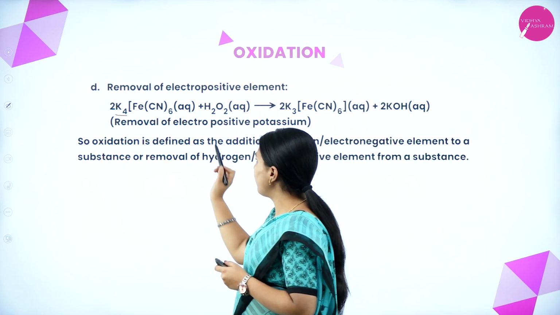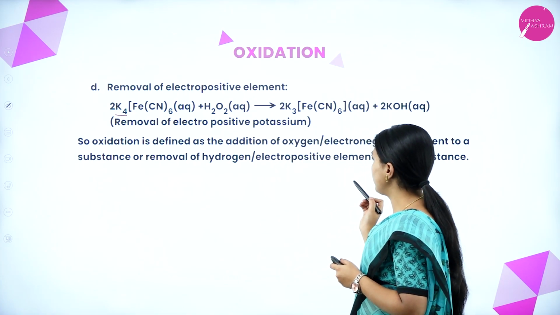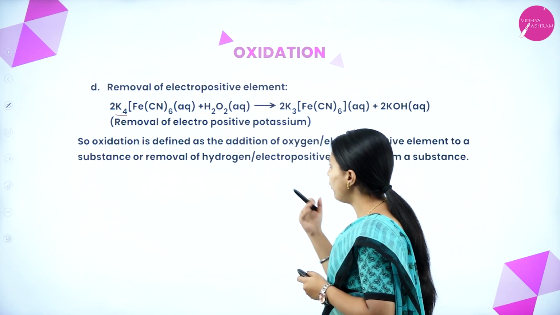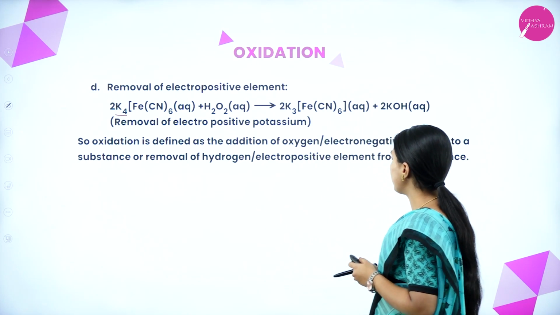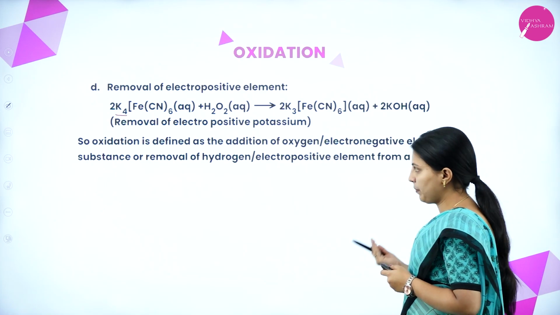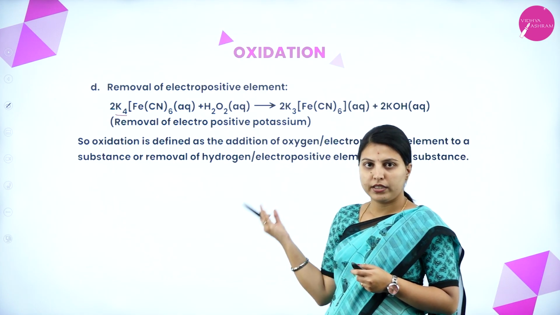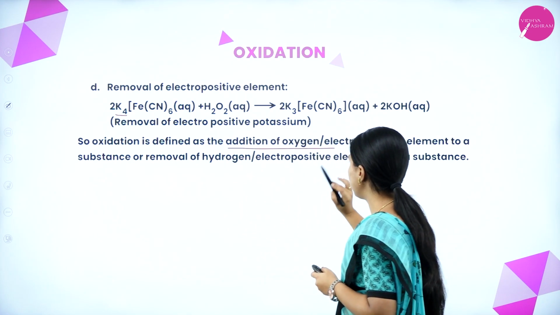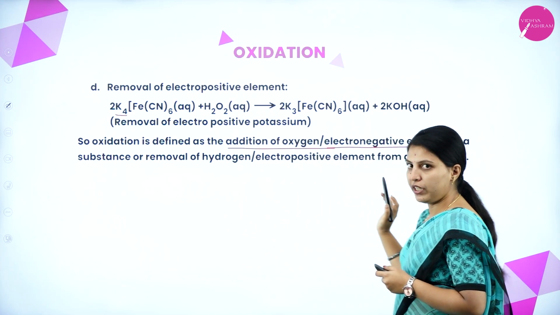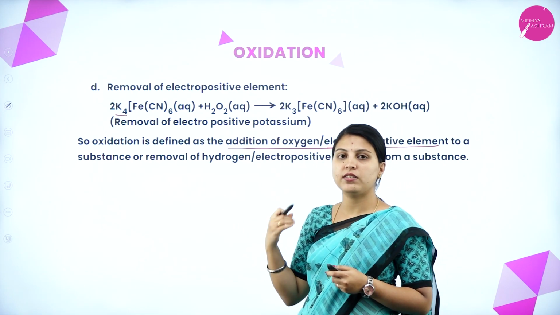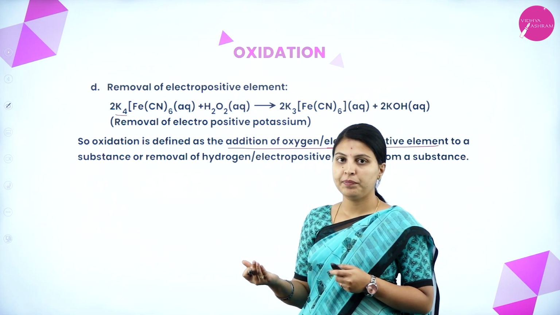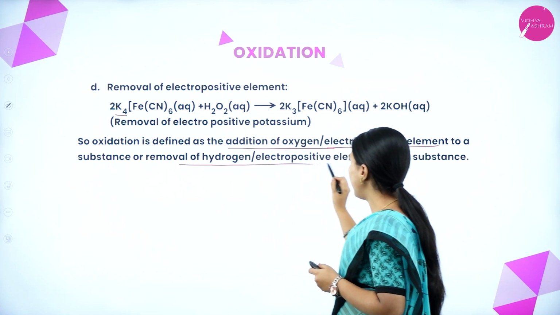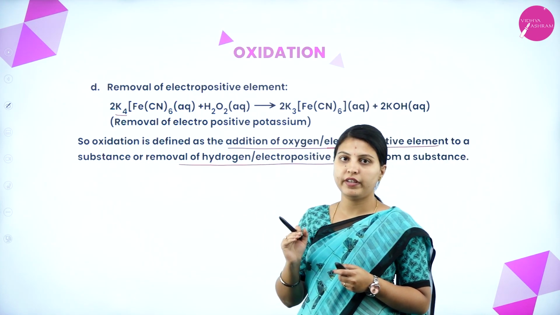So oxidation is defined as the addition of oxygen or electronegative element to a substance, or the removal of hydrogen or electropositive element from a substance. In this way you can define. Once again I am telling, oxidation is defined as addition of oxygen or electronegative element to any substance, or from any substance you can remove hydrogen and electropositive element.